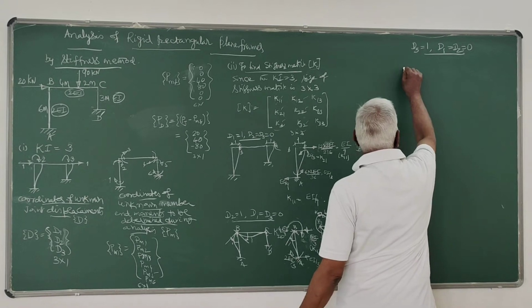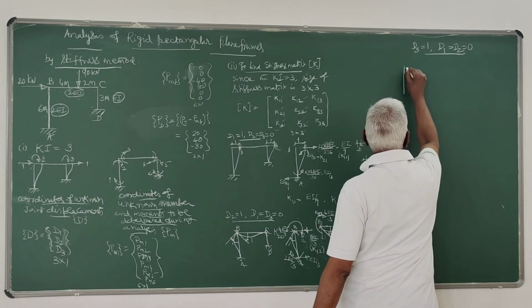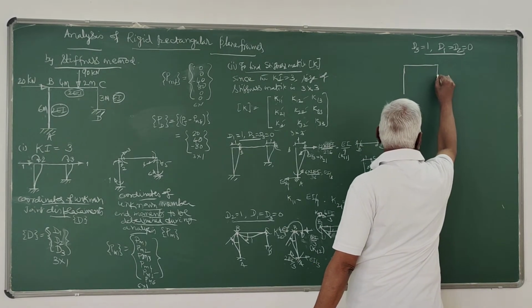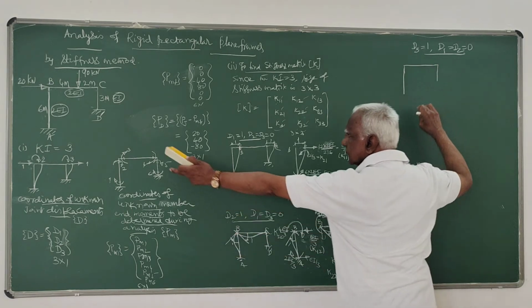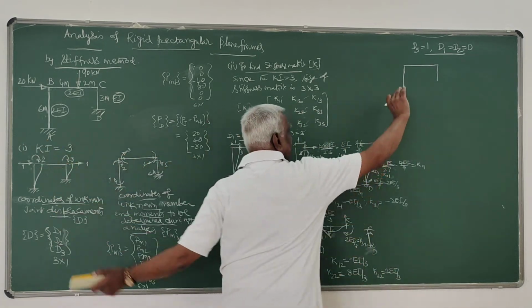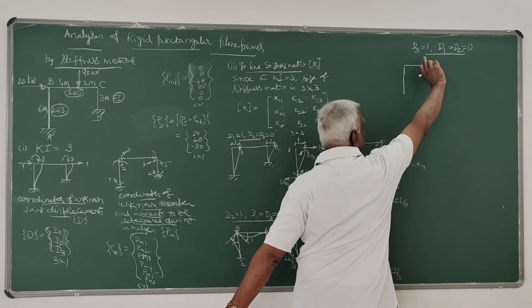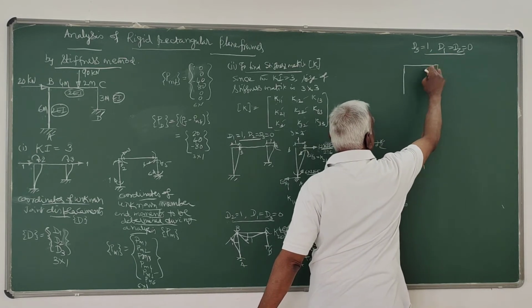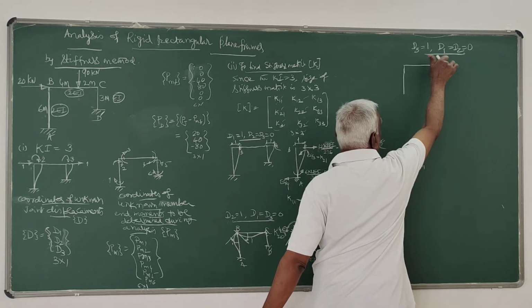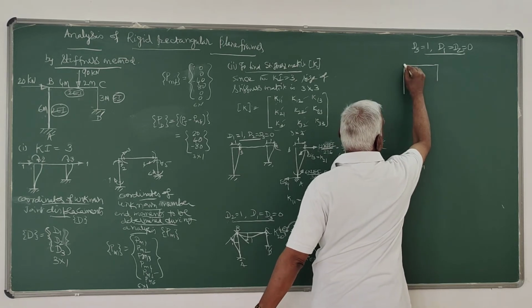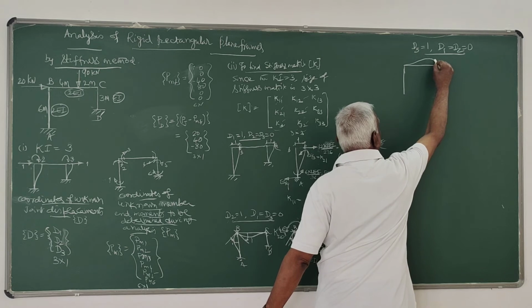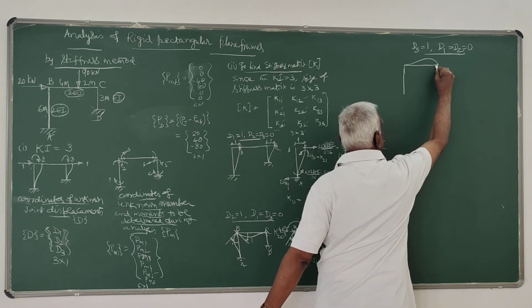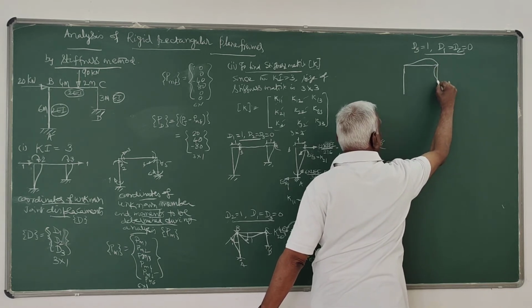So first, now we have to give unit displacement in the direction of 3. I have to give a clockwise rotation, so this will go up and this will come down, and it has to displace like this.